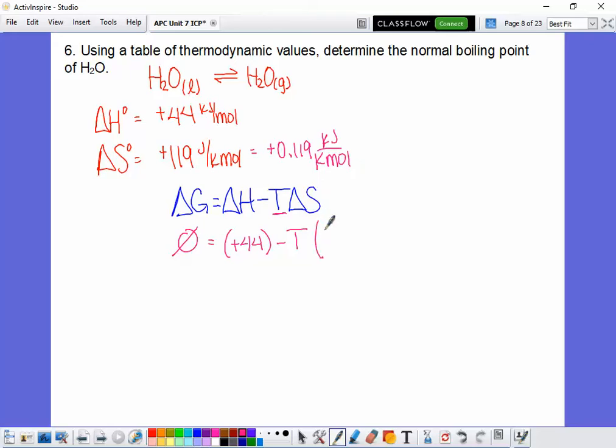So T times positive 0.119. Now you're just doing algebra to solve for T. We know it should be right around 373 Kelvin, right? Because we know what the boiling point of water is. Well, if this were a question where you didn't know the boiling point already, then yeah.